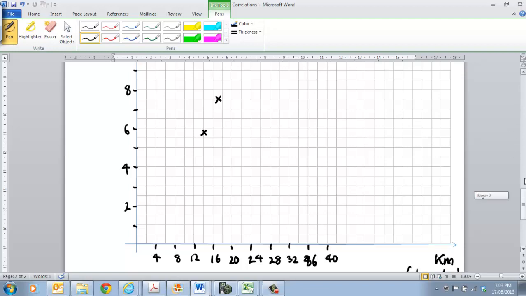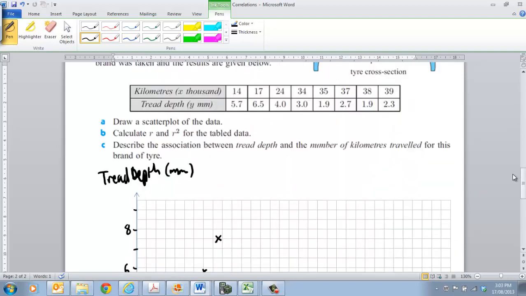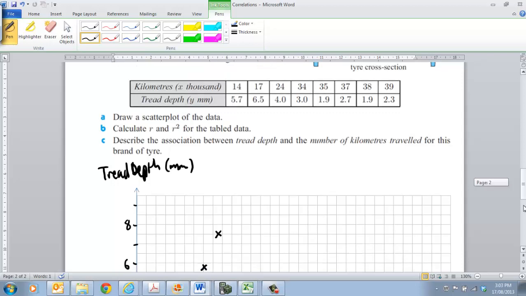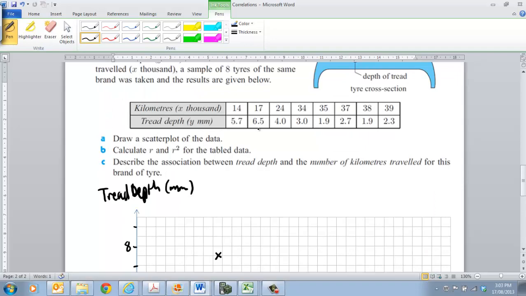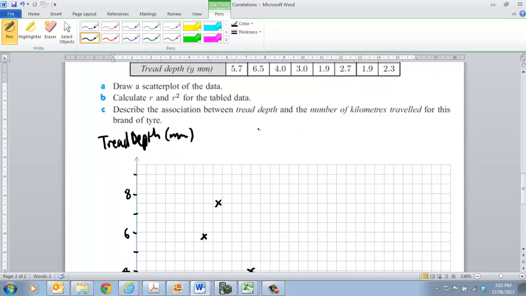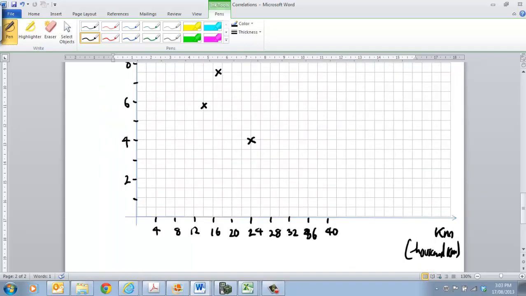So if I'm looking at 24 is 4. Right, so 24, we know it's 4, so across there. And 34 is 3. So 34 is 3, that's that point there.